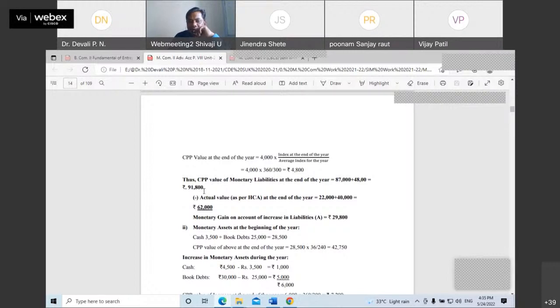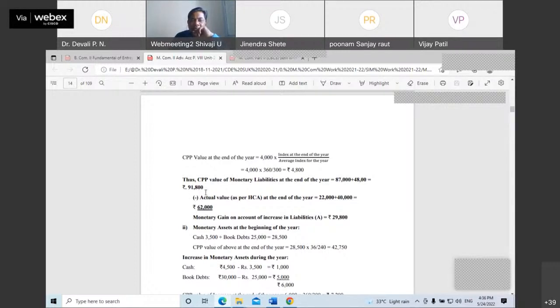91,800. Now we have to deduct from this 91,800 the actual value as per the historical cost account. What was the actual value? At the end of the year, 22,000 rupees is the creditors value and 40,000 rupees is the loan value. The sum of these two is 62,000.